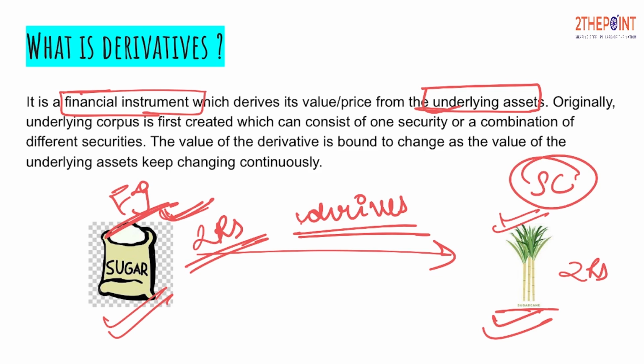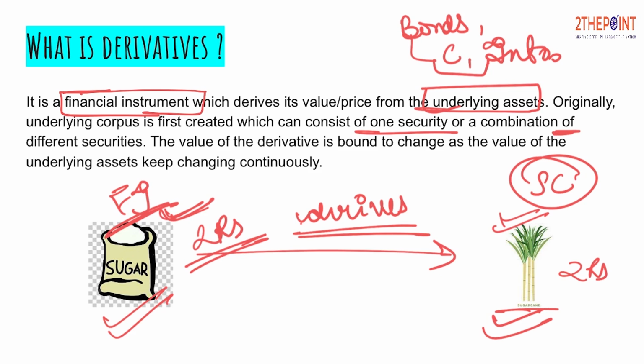In case of financial instruments, underlying assets could be bonds, currencies, interest rates. We will study these in the upcoming slides, but as of now these are called the underlying assets. Originally, an underlying corpus is first created, which can consist of one security or a combination of different securities.